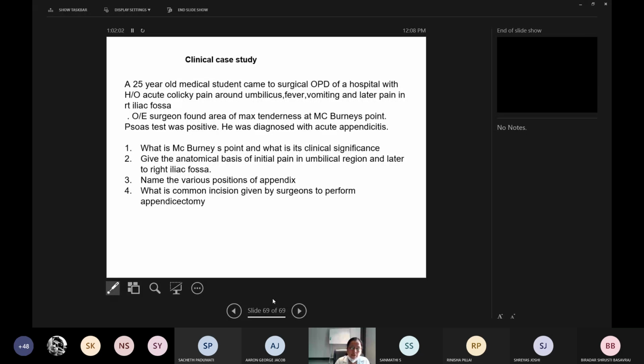Name the various positions of the appendix. Just now we have described various types: subcecal, paracolic, retrocecal, retrocolic, pelvic, promontory, midinguinal. All those you have to describe. And what is the common incision given by surgeons to perform appendicectomy?